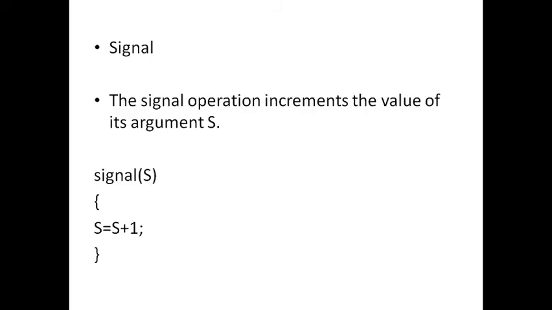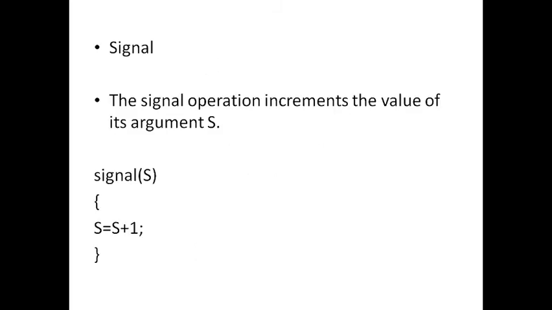So after performing the wait operation, one process will enter the critical section and use the shared variable. After using the shared variable, the signal atomic operation is performed. This is the code of the signal operation. The value of S is 0 now, and the signal operation always increments the value: 0 plus 1, S equal to 1.